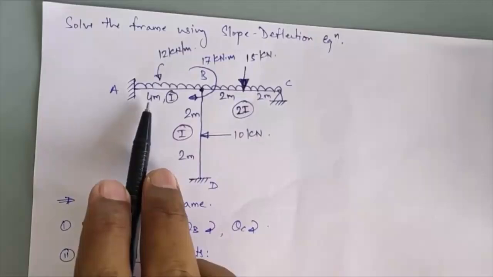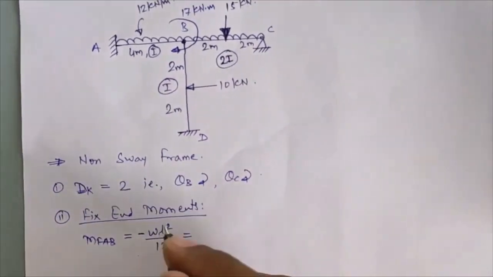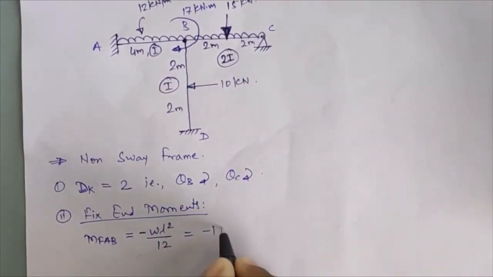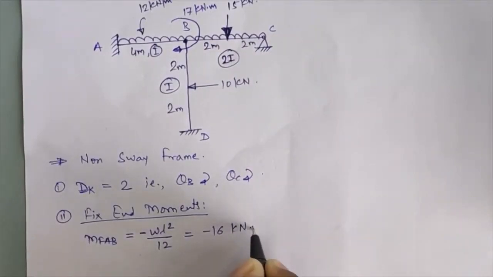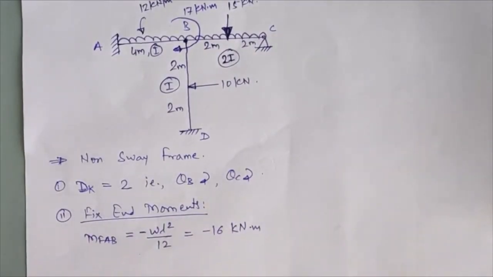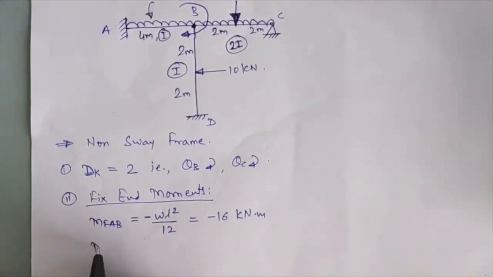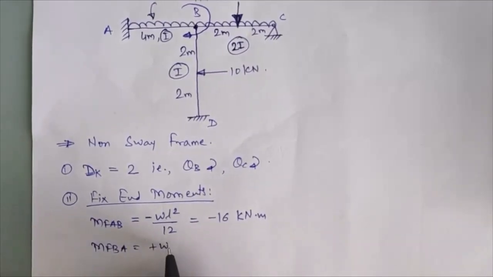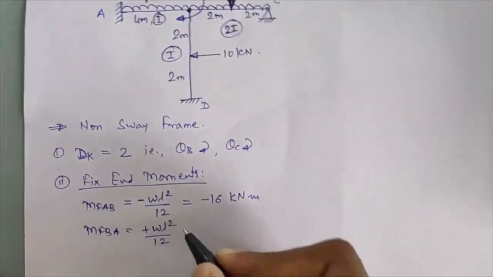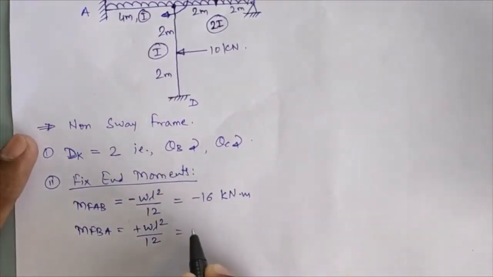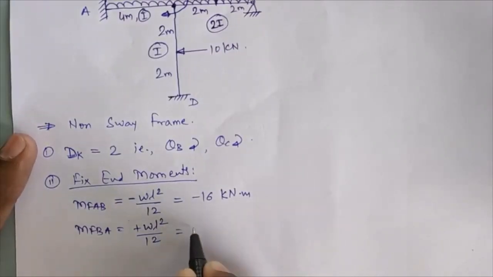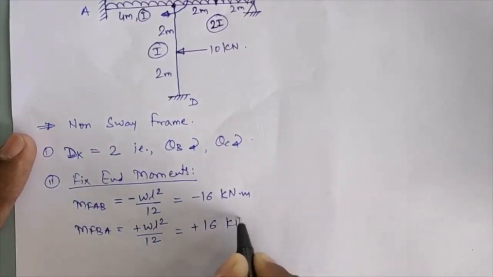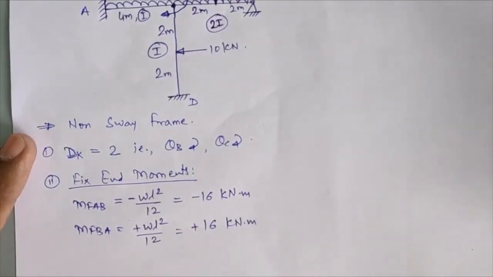If you substitute W equal to 12 and length of span AB equal to 4 meters, you will get minus 16 kN meter. Same way, for the second fixed end moment, MF BA is plus WL square divided by 12. The same loading is there, just the sign changes, that is, the restoring moment is clockwise in nature, so this will be plus 16 kN meter.